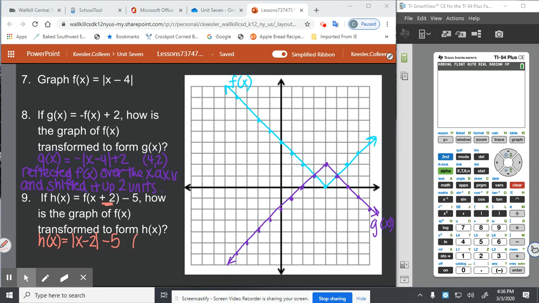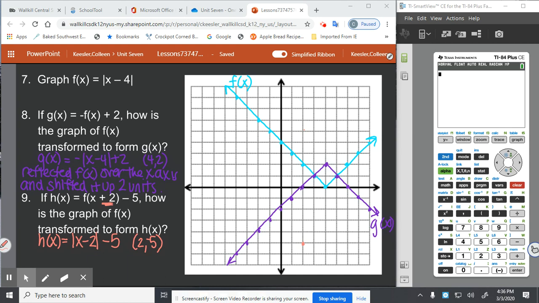So now my vertex is 2, 5 instead of 4, 2, which was in g of x. So we go right 2 and up 5. Oh no, right 2 and down 5 because it's negative 5, which is right here. 2, negative 5 is our vertex.